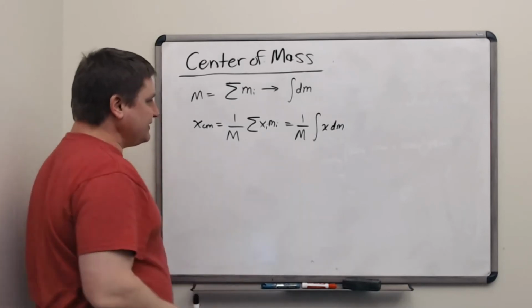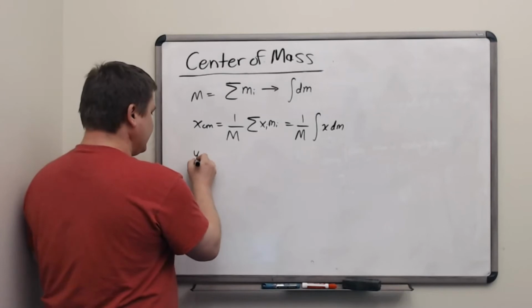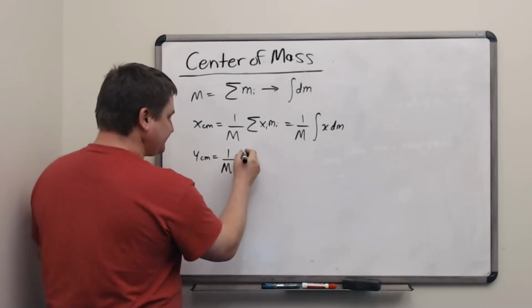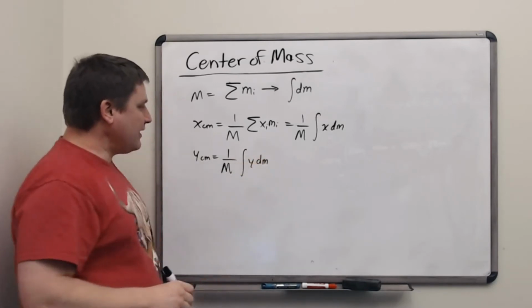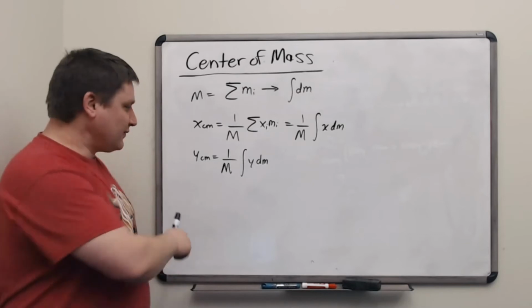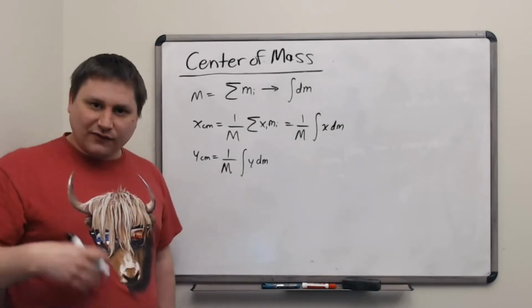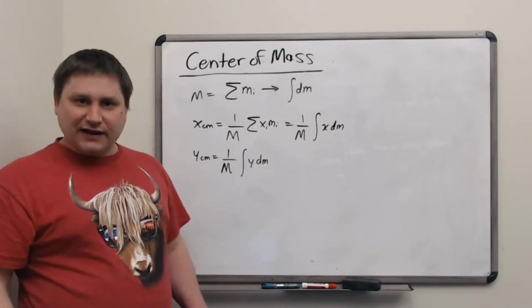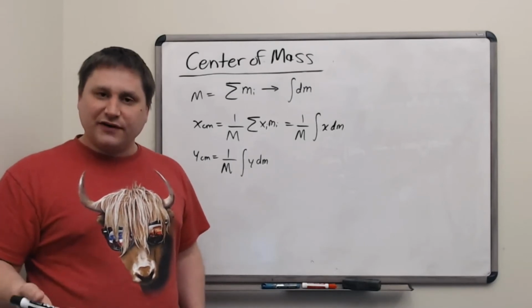So we'll integrate x dm over the whole object and then divide by the total mass to get the x-coordinate of the center of mass. And then I won't write out both ways of looking at it. For y, it's going to reduce down to just the integral of y dm over the whole object divided by the total mass. The way we have to set up these integrals is similar to what we did for moment of inertia, actually.